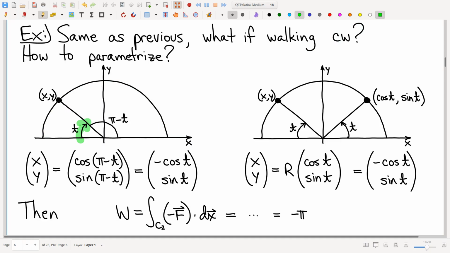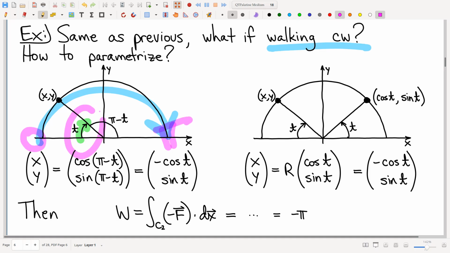So here, I'm going to say, look, if we're going clockwise like this, that means that at time equals 0, I'm there, and at time equals pi, I'm there. And so that angle then, that's fine. That angle, what I've labeled t, this is the thing that is 0 when I'm at the point that I'm starting at, and that increases through and becomes pi at the point that I'm ending at.